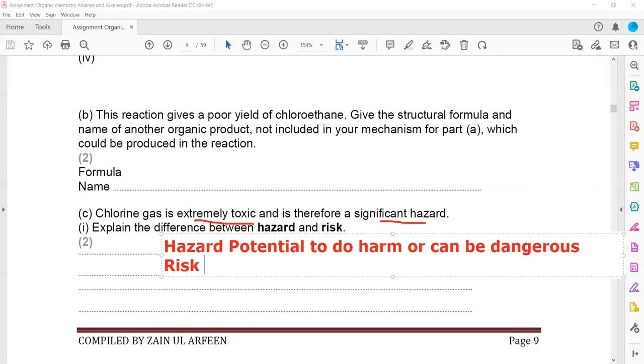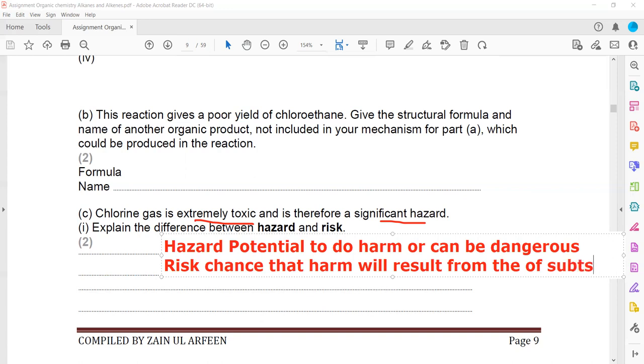Risk is basically the likelihood or probability or chance that harm will result from the use of a substance or procedure. So these are the definitions of hazard and risk.